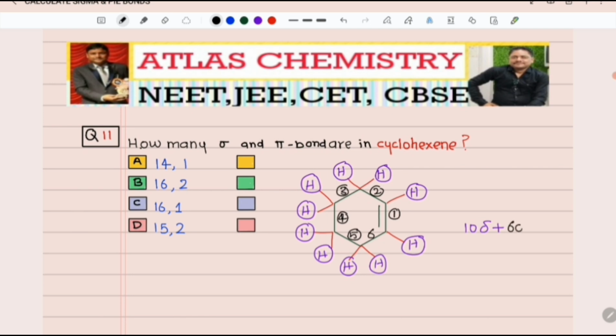So there are 6 sigma bonds. So in total there are 16 sigma bonds. And if we count pi bonds, there is only one pi bond. So we have 16 sigma bonds and one pi bond. In options B and C there are 16 sigma bonds, but in option C there is only one pi bond and we have only one pi bond. So answer C is the correct answer.